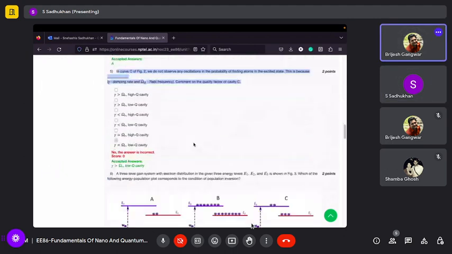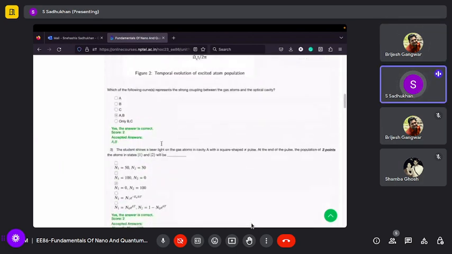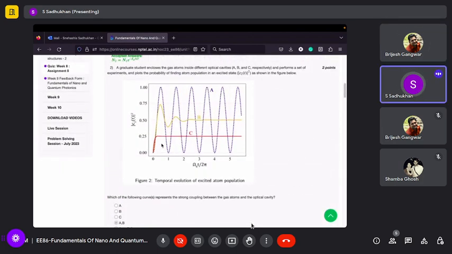So accordingly I have chosen this option, but the correct one is gamma equal to omega r and low Q cavity, and this gamma is damping rate. Everything is the same that you have taught us in your lecture also. This is the figure.